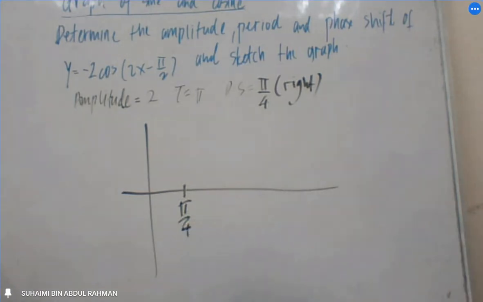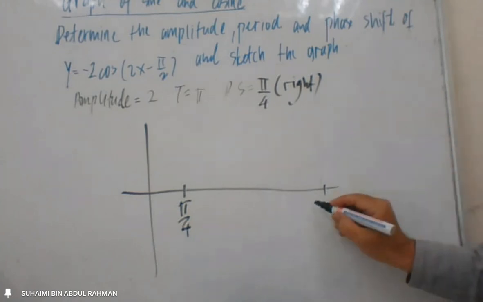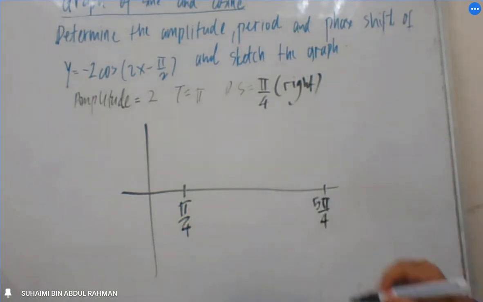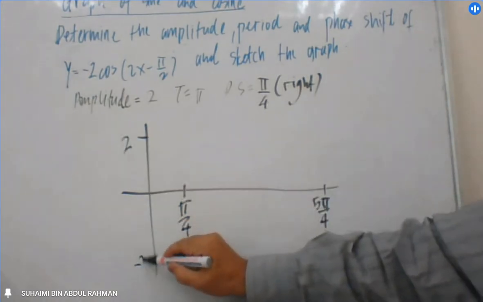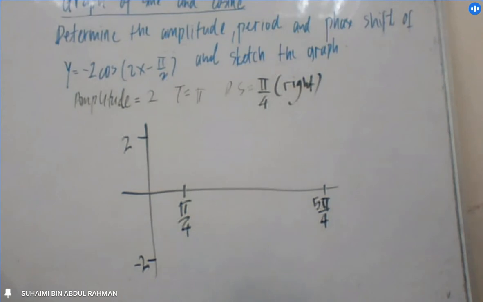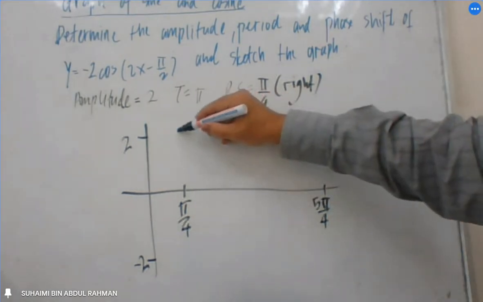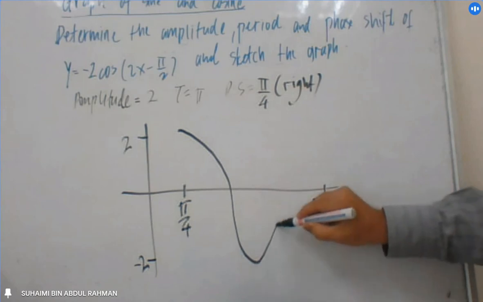Where does it stop? 5 pi over 4. Amplitude 2, minus 2. This is the graph of the cosine function. It will be like this.